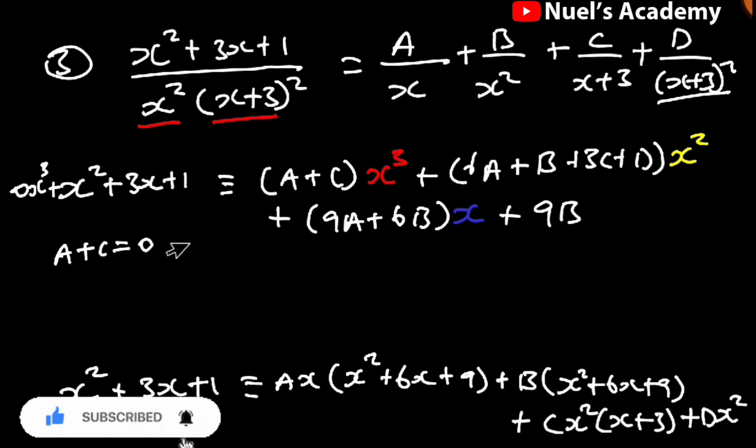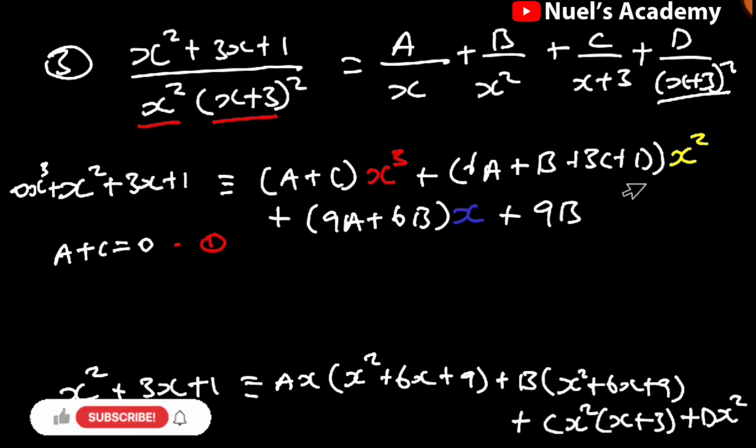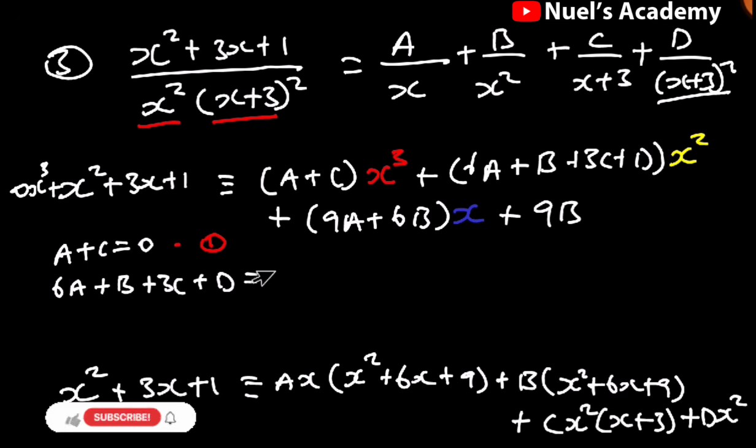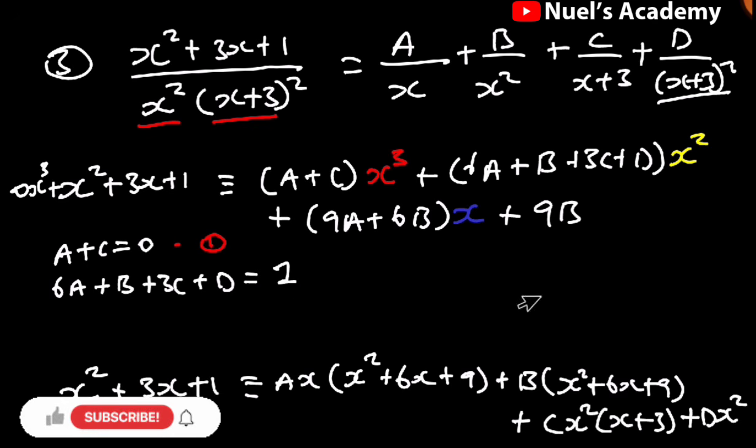Let this be our equation 1. And then for x squared, we have that 6A plus B plus 3C plus D is equals to 1, which is the coefficient of x squared.